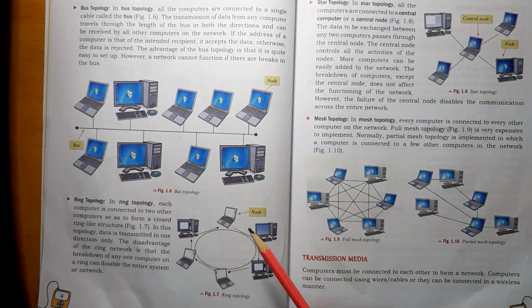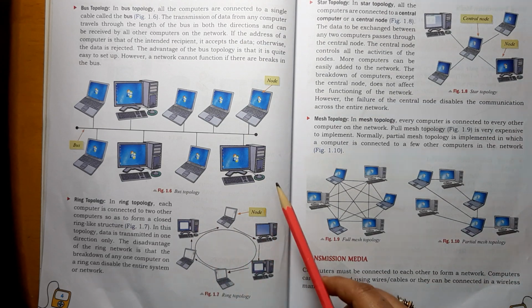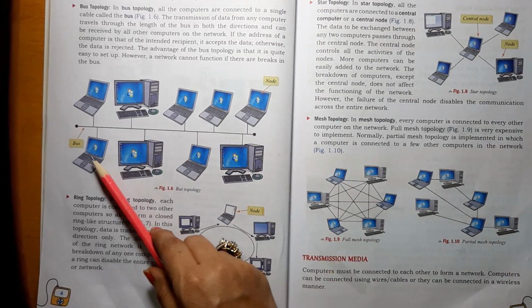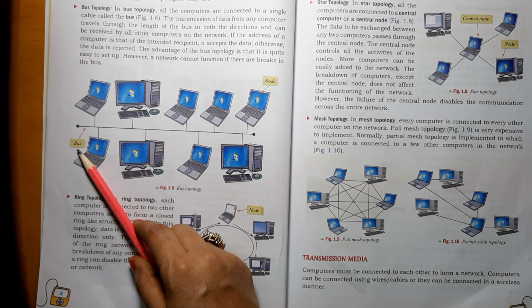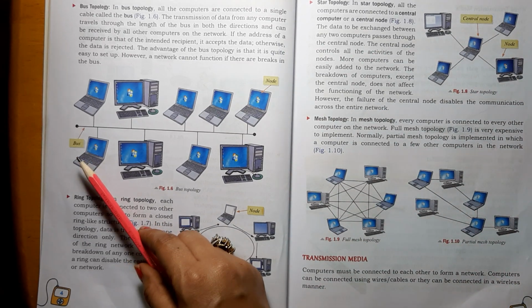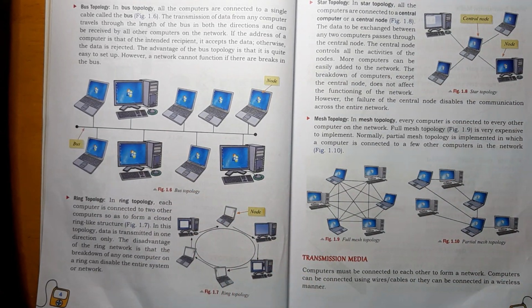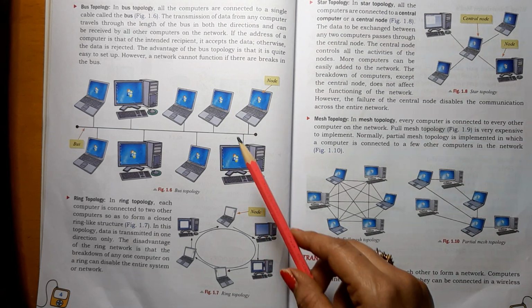Here we can see that all of the computers are connected to a single cable which is known as the bus. The data is sent in both directions and can be received by all other computers on the network.